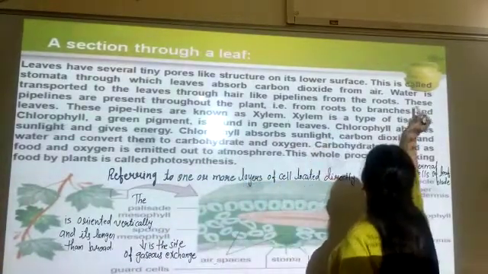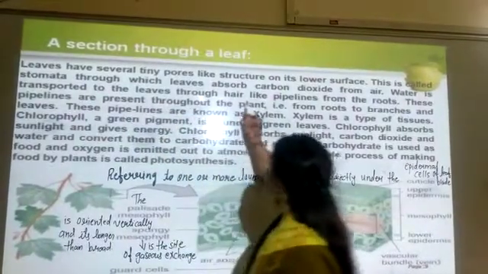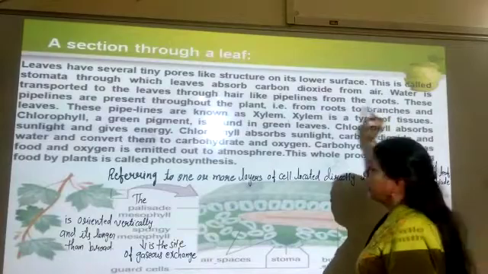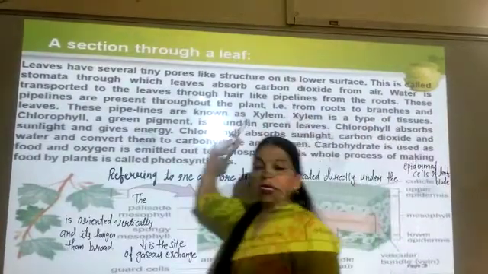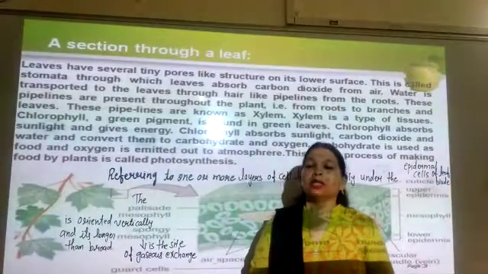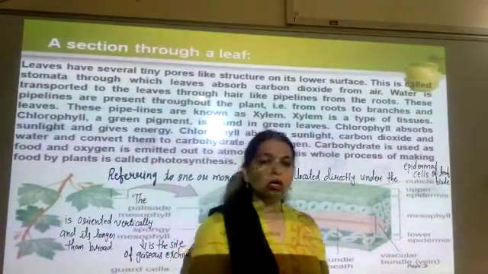Water is transported to the leaves through a hair-like pipeline from the root, and that pipeline is called xylem and phloem. There are two pipelines, xylem and phloem.